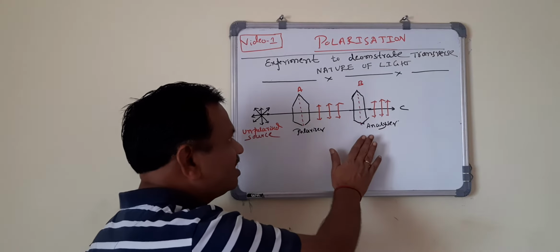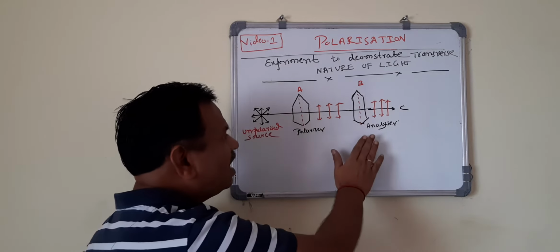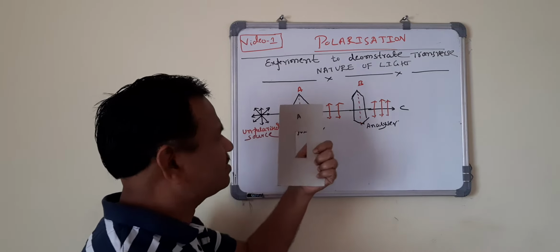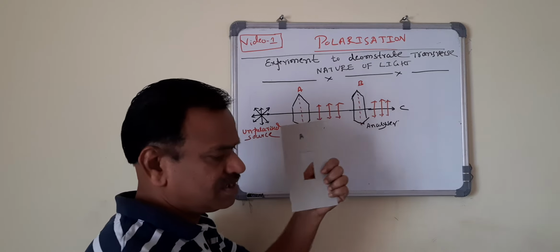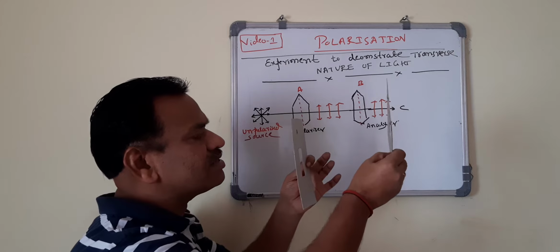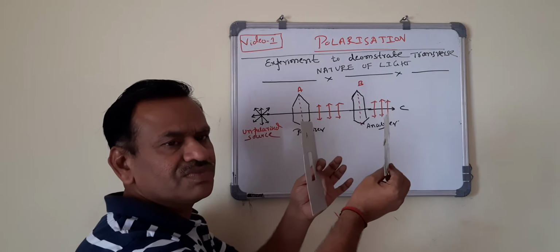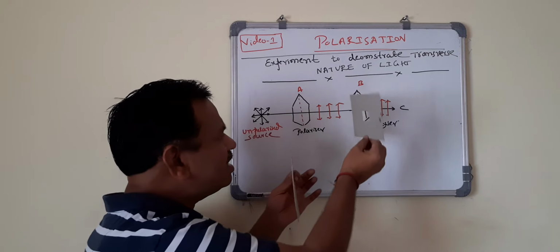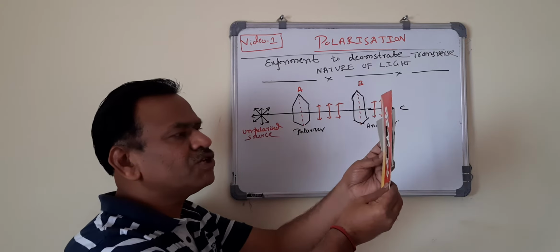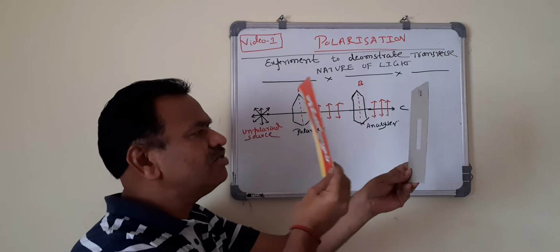Next is crystal B. I will rotate it like this. But A I will not rotate. Crystal A is fixed. Crystal B goes on rotating like this. Initially they are parallel.